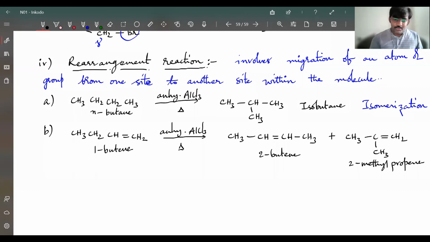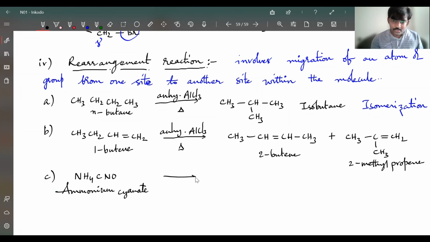Right, so this is another reaction we have, and there is one more example I'll give you. That is ammonium cyanate, NH4CNO. This ammonium cyanate, simple heating we will be doing.